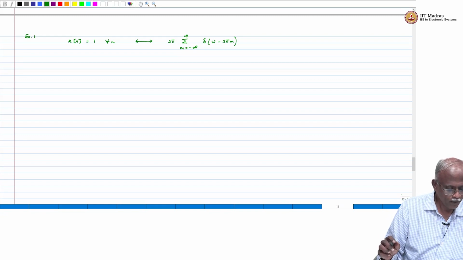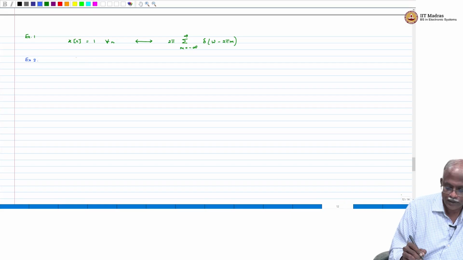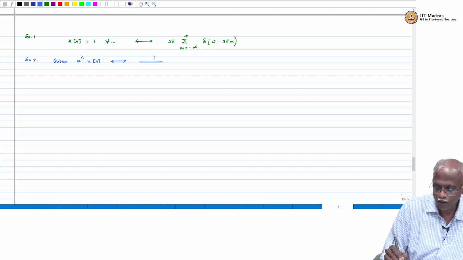Okay. Now, I would like you to look at the second example. The second example says that we are given that a power n u of n has got a discrete time Fourier transform given by 1 over 1 minus a e power minus j omega.